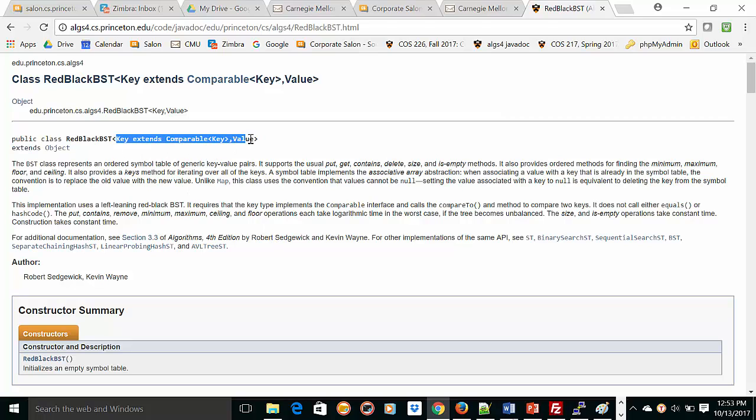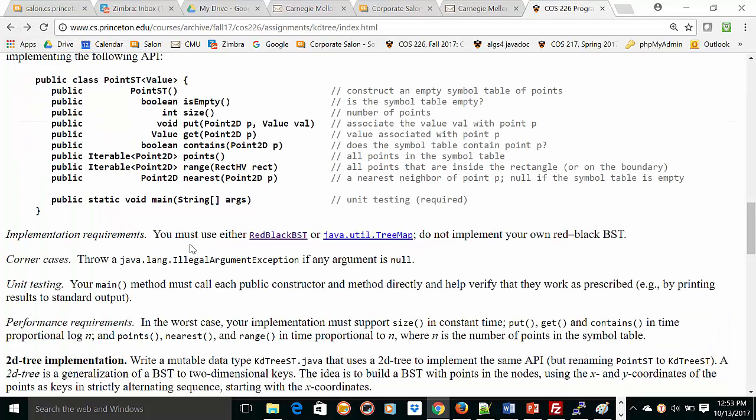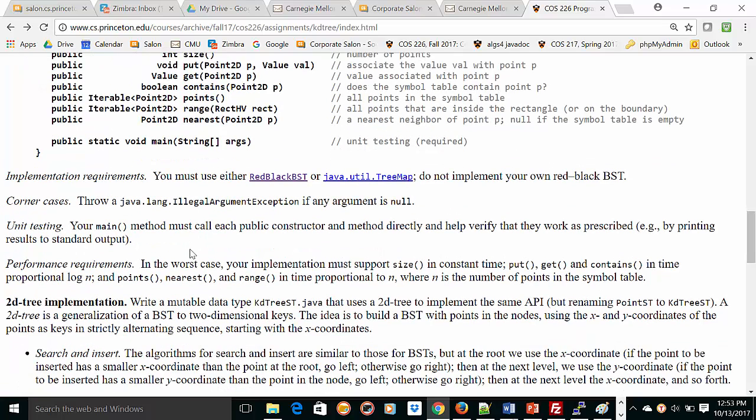Notice that the red black BST takes two things, a comparable point and a value. The key things here are that you have to be able to do put, get, contains in log n time, which would be trivial if you use a red black BST.